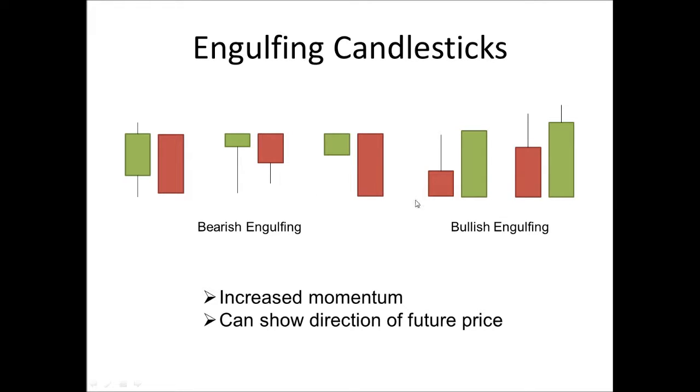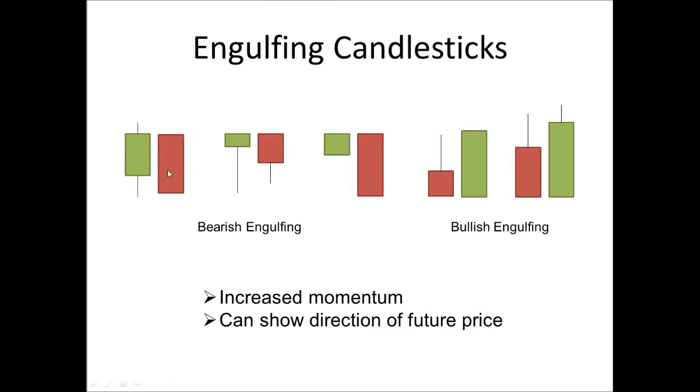So what do engulfing candles tell us and what can they signal? They tell us there's an increased momentum in the market or in price. So if we were to take this first example here, there is strong bearish momentum.